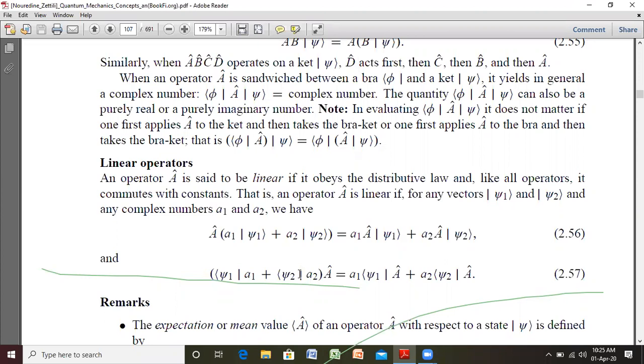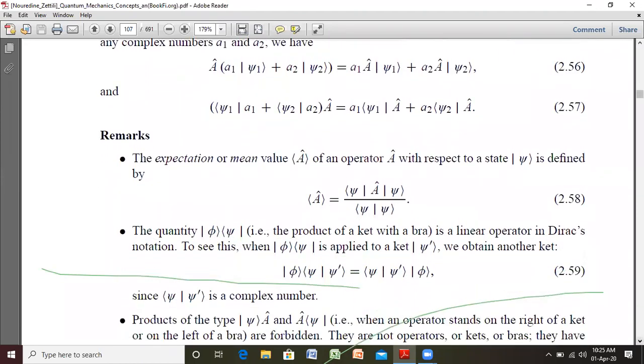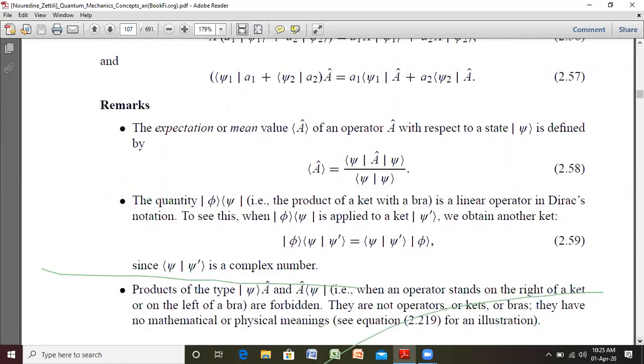It has to operate on the straight line side. This is the side of operation, you can say. And this A has distributed itself over each term, this one and this one. So this is called linear operators. Okay, I stop here.